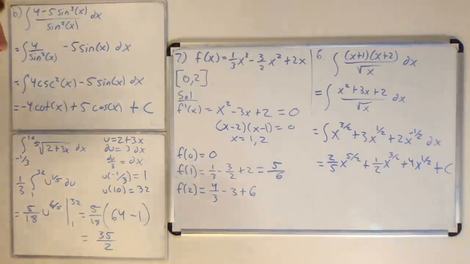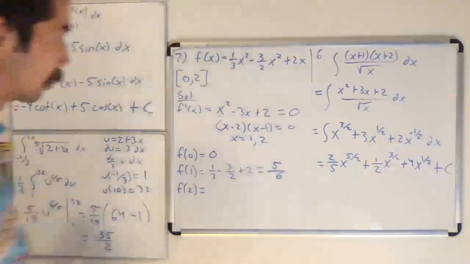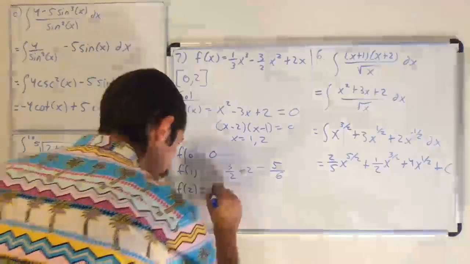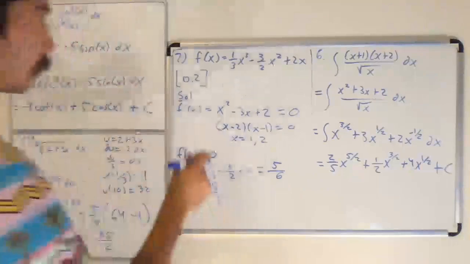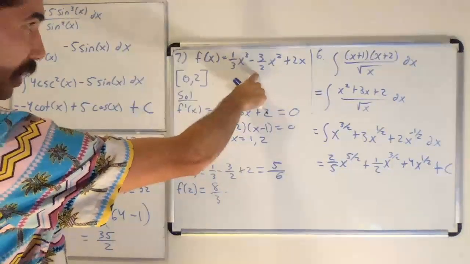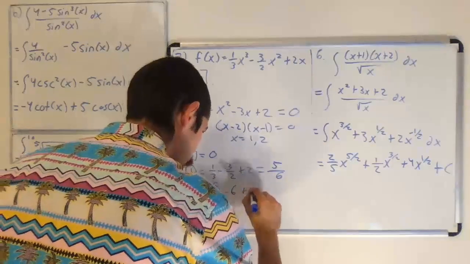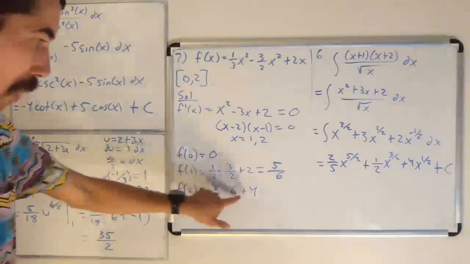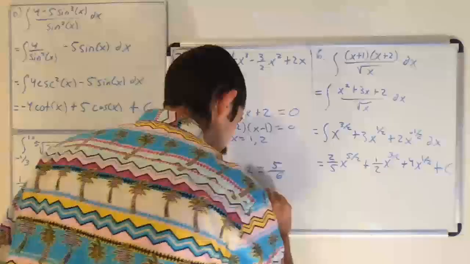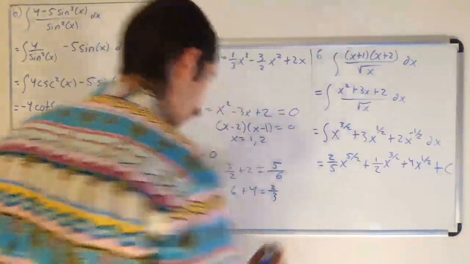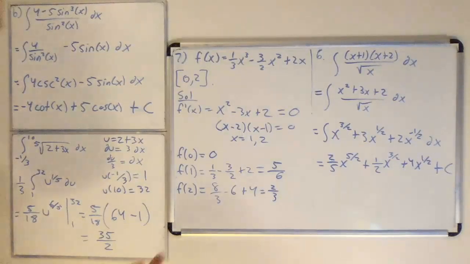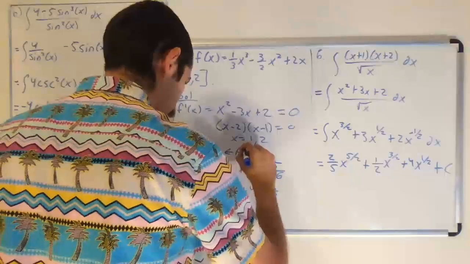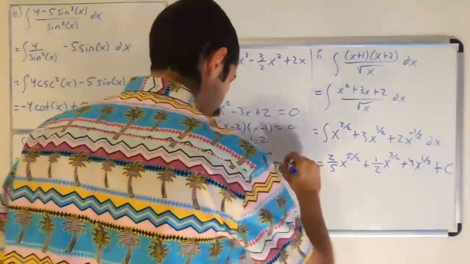Sorry, that is wrong. I had all the powers off by 1. It's 8/3 minus 6 plus 4. So 8/3 minus 2 is 2/3, which is 4/6. So the absolute min is 0, absolute max is 5/6.